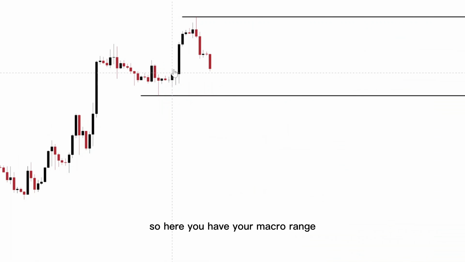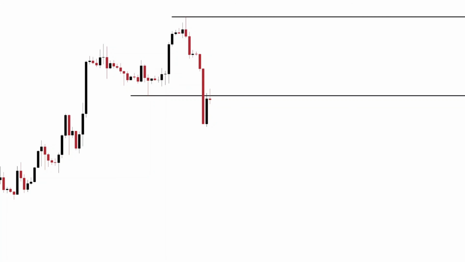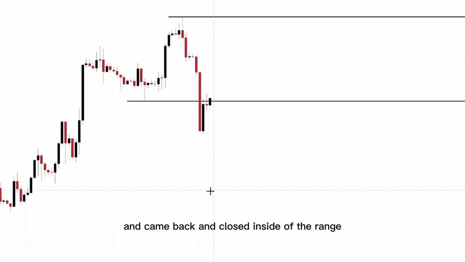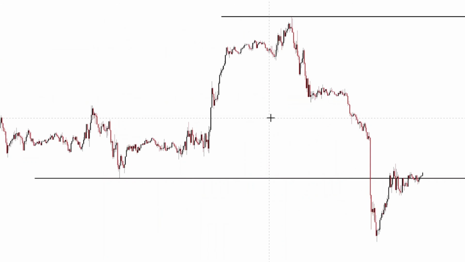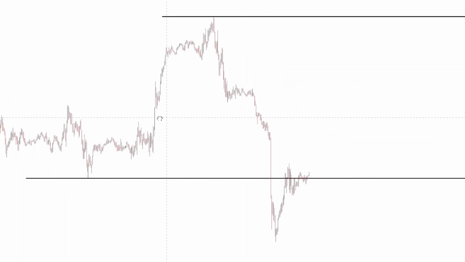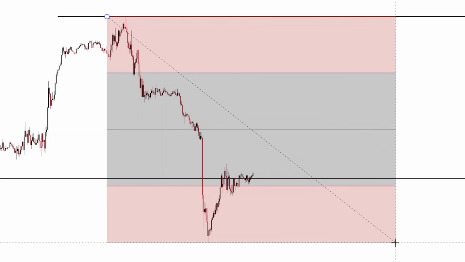So here you have your macro range. Price broke structure and came back and closed inside of the range. So this is when you go to your lower time frame and you pull out your fib and locate your danger zone.